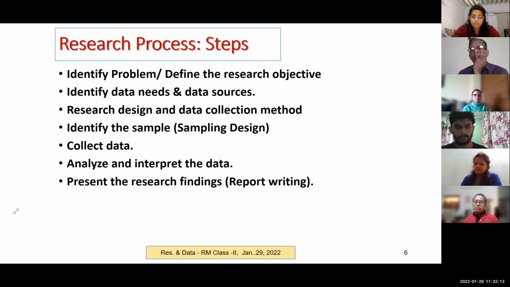Sir, suppose we are doing research on the livelihood aspect of a particular area. We have to study the demographic structure of the village, and we have to take some villages. What is the income? What are the sources of income? So how are they living? So what is the data source?